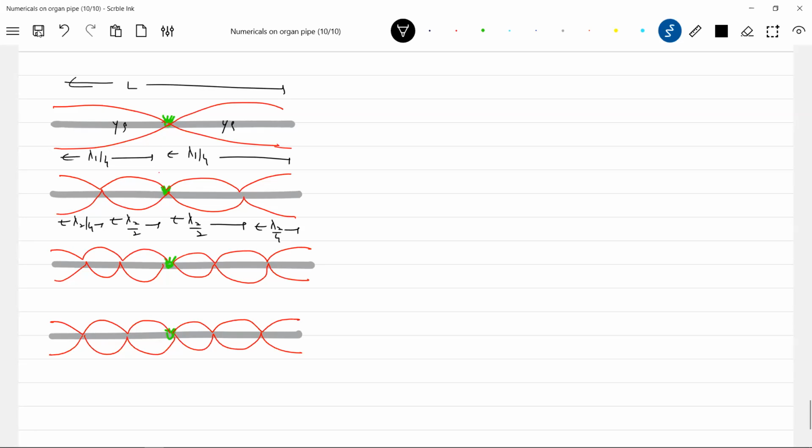So first can we write length L is equal to lambda 1 by 2. Lambda 1 is what? V by 2 F1, or F1 equal to V by 2L, that is 1 by 2L square root of Y by rho.